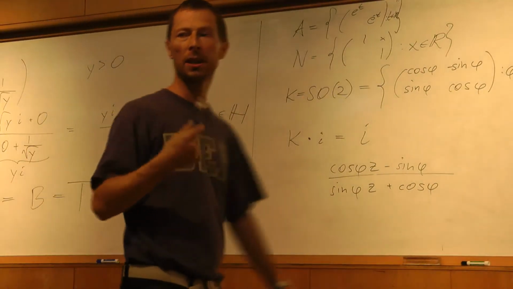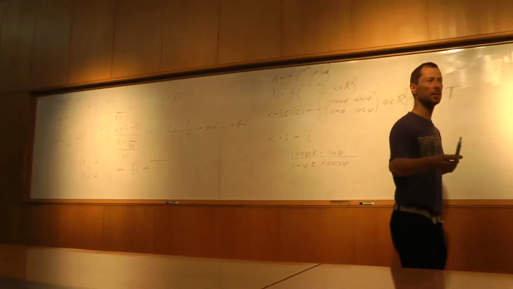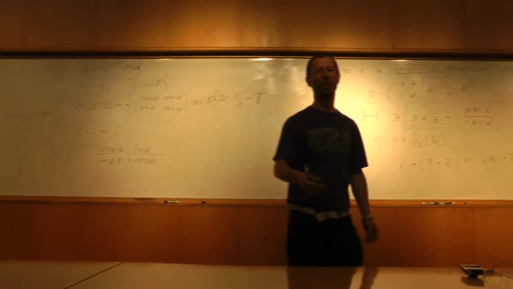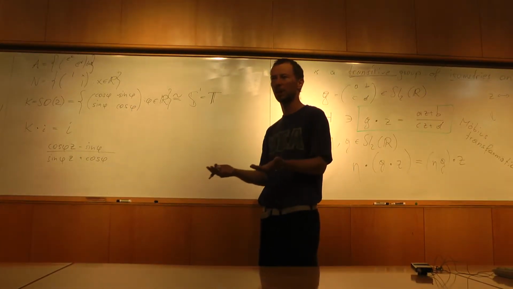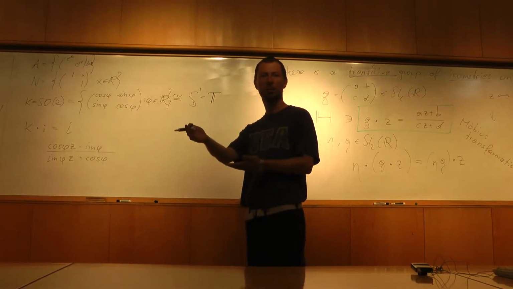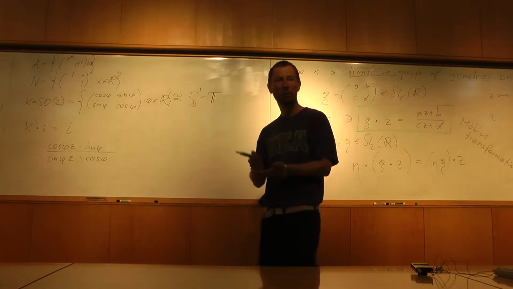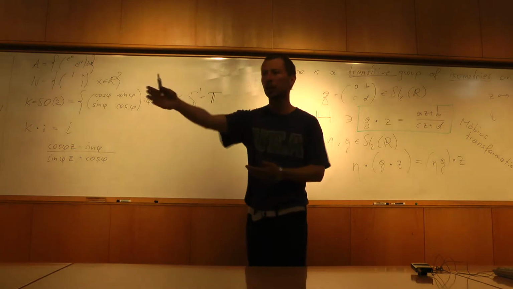Because I want to define the geodesic flow. If I give you a point in the plane, what does the geodesic flow do to it? Well, it's a stupid question, right? Because if you have a point and nothing else, you don't know which direction to go. So to have a geodesic flow, you need to have a point and a direction. Then you can start walking in this direction.